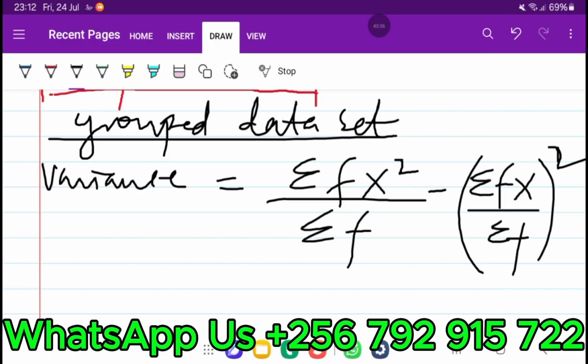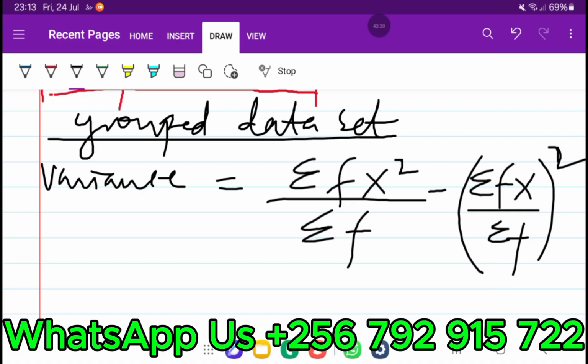So this is what we used to do. What they have just put is the same as the one above. What they have introduced here is just the frequency, that f. Instead of using the n as the number of observations, they have used the total frequency. So that is for grouped data set.